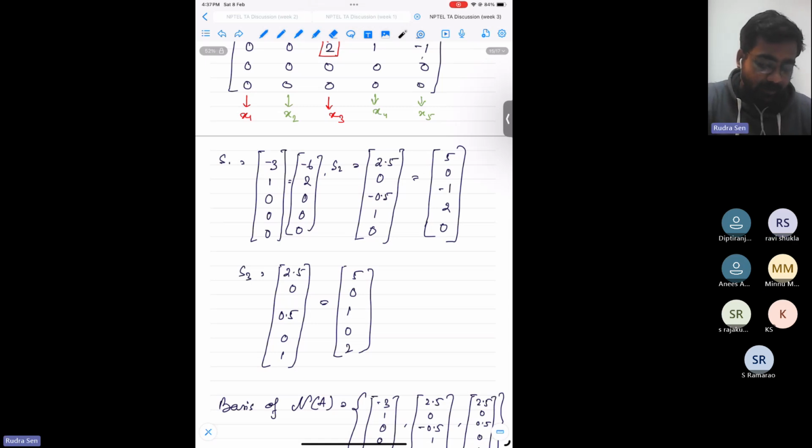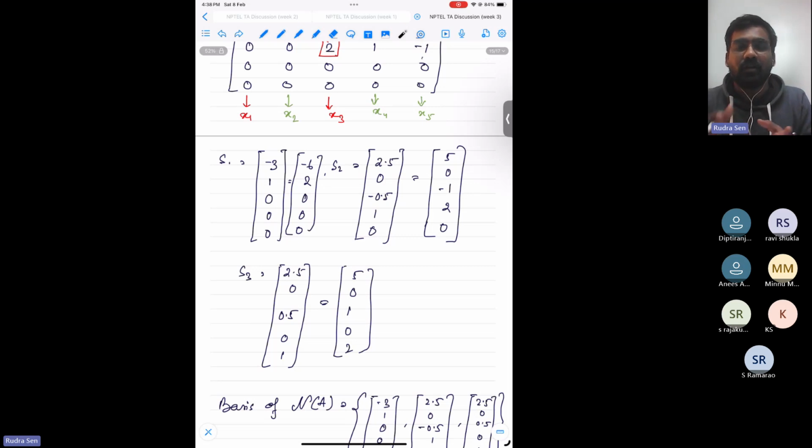Just choose one value non-zero and the other two values 0. It's not necessary that the non-zero value always be 1. It could be -1, +1, -2, +2, whatever. But choose one value non-zero at a time, other two 0, so that the vectors that we get are linearly independent.